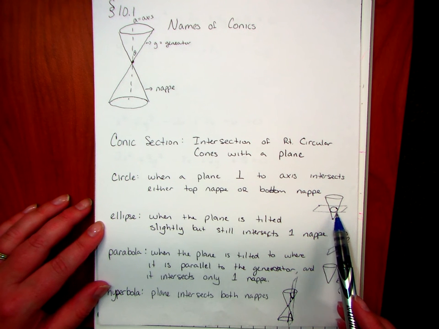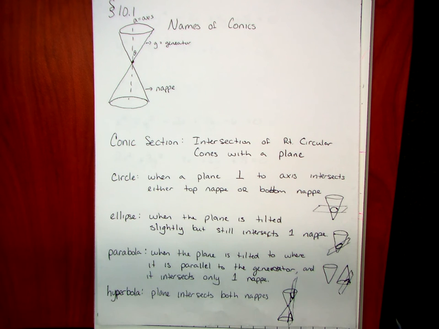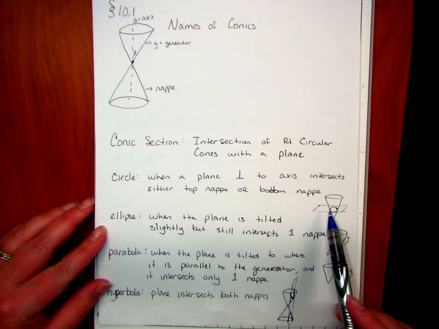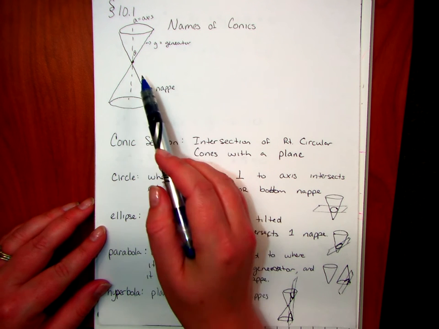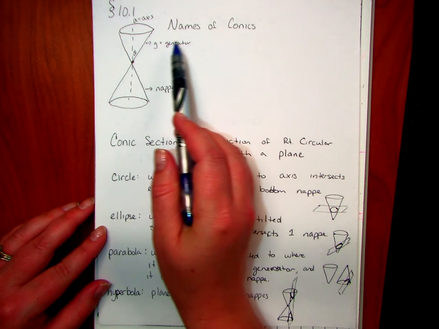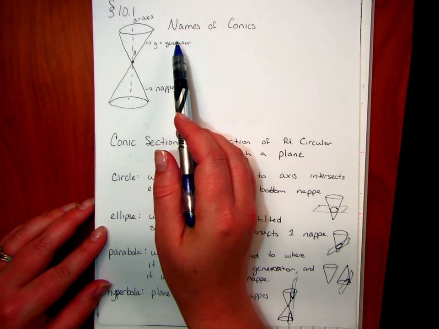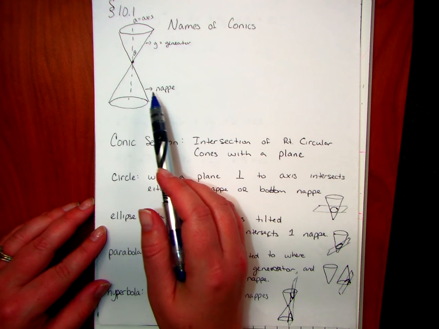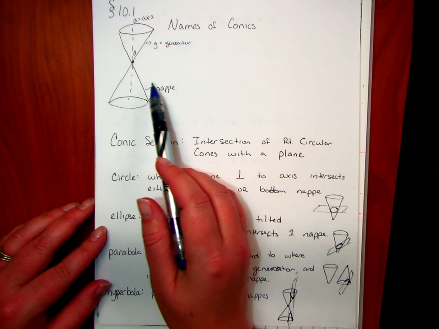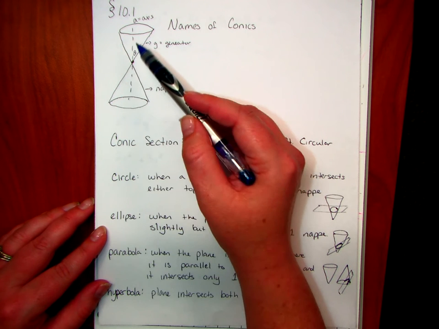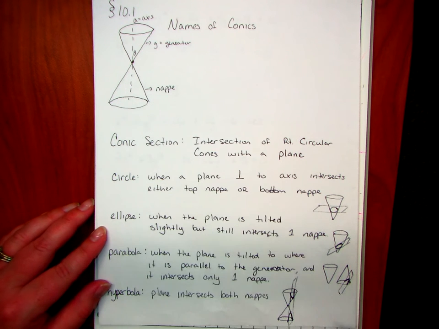And so the farther the plane is from the vertex, the larger the radius of the circle. Notice this plane is only going to intersect one nappe, right? Because it's perpendicular, so it can intersect the upper nappe or the lower nappe, but that plane is going to be perfectly perpendicular to this vertical axis, right?